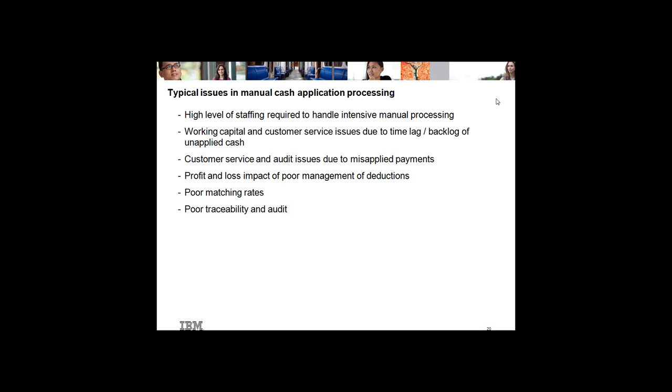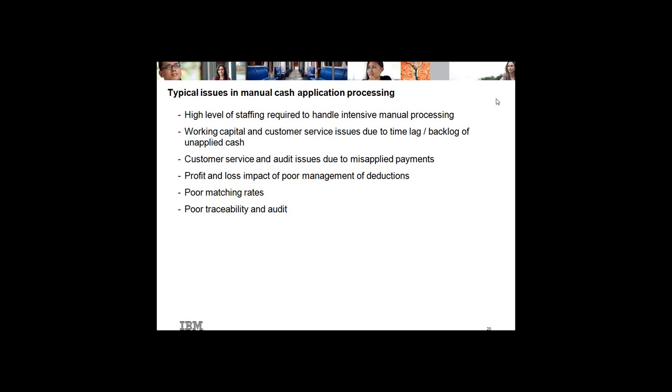A high level of staffing is required to handle manual remittance information. There are a lot of industries out there, consumer products, automotive, where remittances can be very long and detailed depending on the relationships that our clients have with their end customers. And a lot of things, unfortunately, today still work in paper.